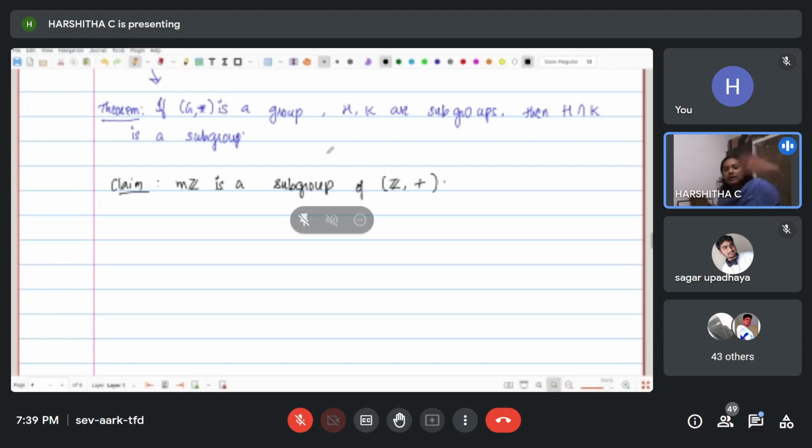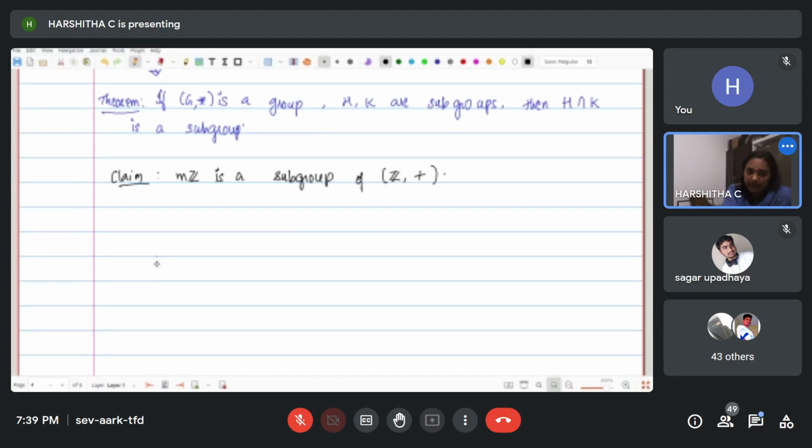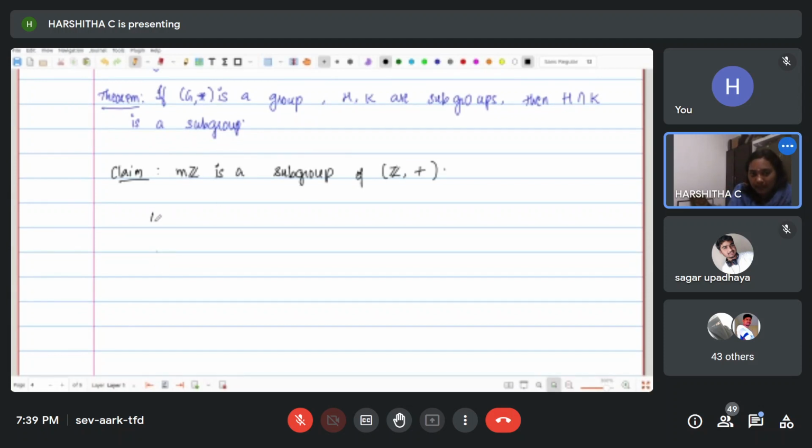One of the results that you've probably seen in the class is how you check that something is a subgroup. So let's recall. Let G star be a group and H a subset. This just means that it's a subset of G.